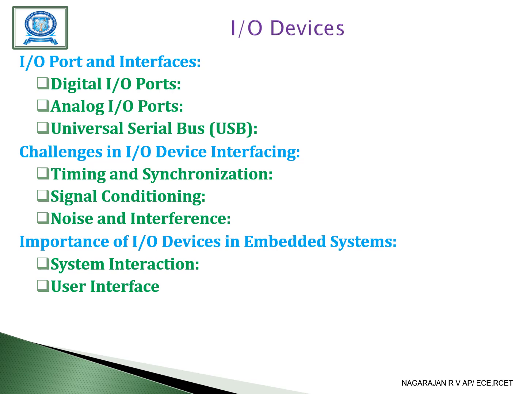The design and selection of input-output devices directly impact the user experience, determining how effectively users can interact with the system. Next one is data acquisition and control. Input-output devices enable embedded systems to acquire data from sensors and control actuators, facilitating automation, monitoring and decision-making processes.